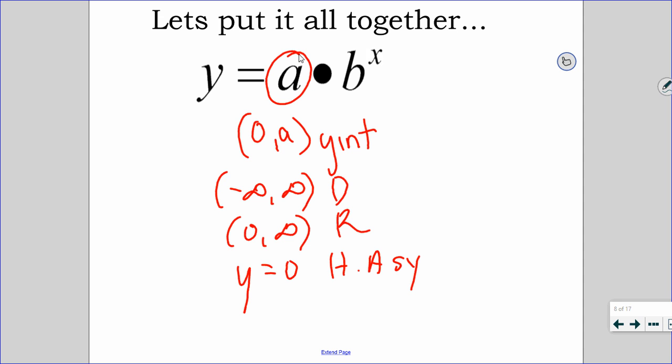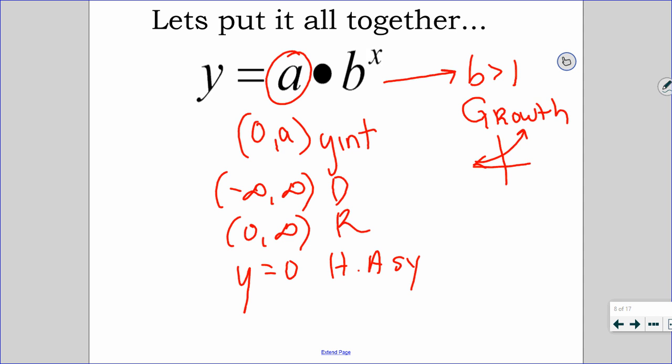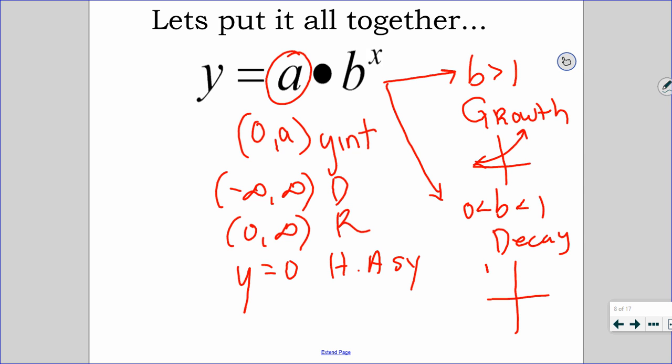And then we've got our two cases. If b is greater than 1, it's going to be our growth, so it's going to model this. And if b is in between 0 and 1, it's going to be our decay, and it's going to look like that.